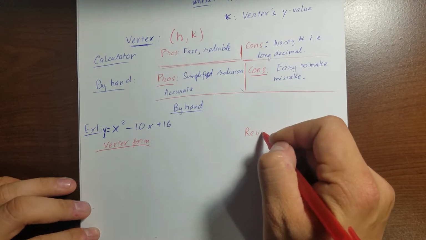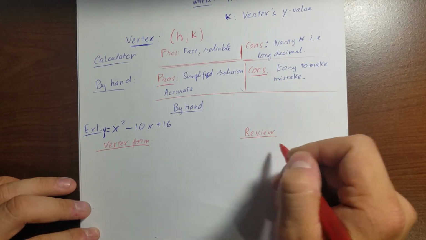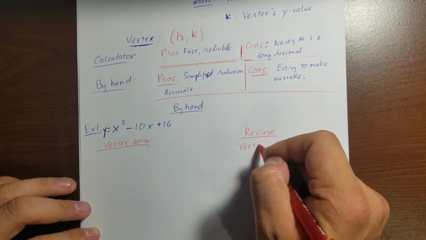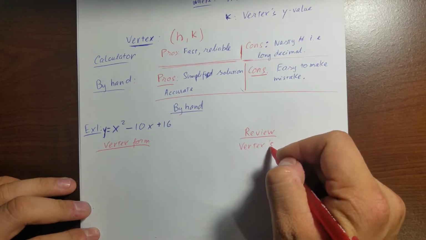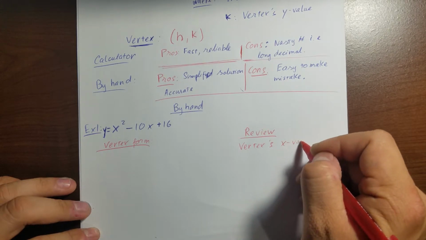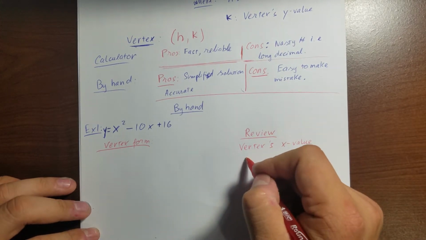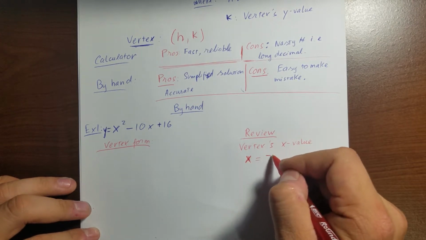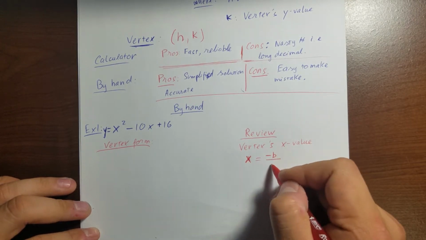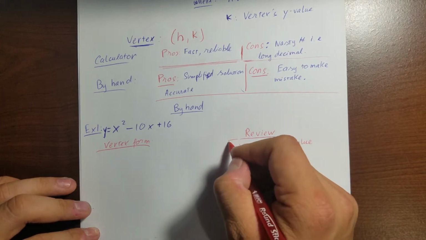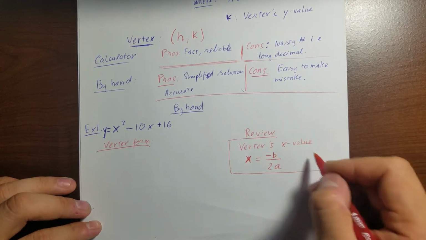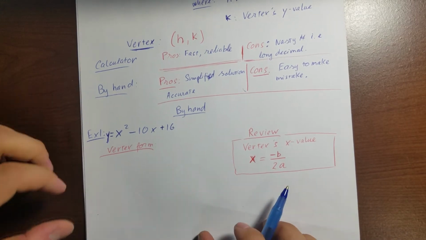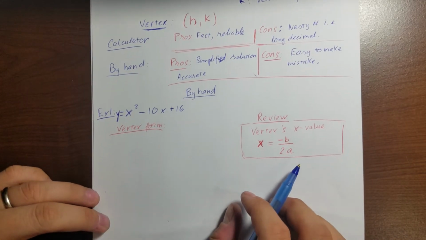Back in Math 1, we learned that your vertex x value can be found by using the equation x equal to negative b over 2 times a. With that in mind, let's start on this one.